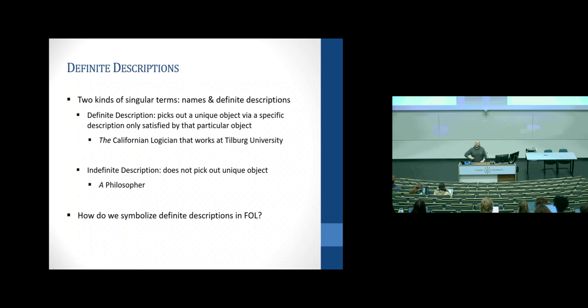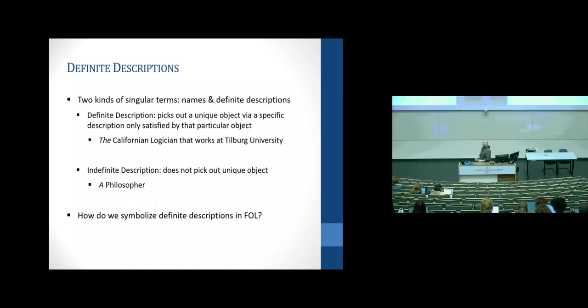Now in English, we actually have a tool for this. Dutch does as well, but in English, right, we have the. And the we use as the definite. It expresses the idea that there's one. It's the Californian logician that works in Tilburg University, say.